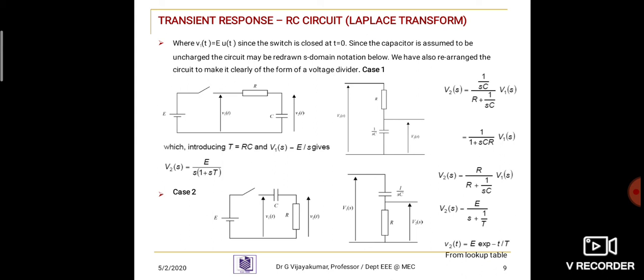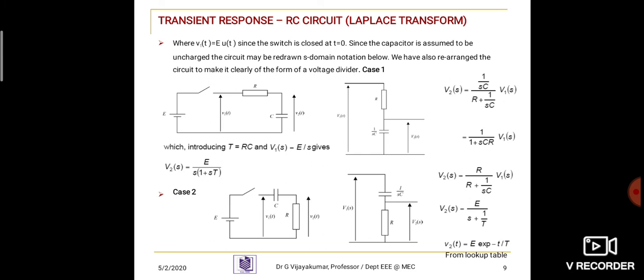These observations are confirmed, of course, by the expression we have just obtained. However, it can also be checked from the form of V1 of S by using the initial and final value theorems. We know that while going for a Laplace transformation, we must be aware of the initial value theorem and final value theorem.